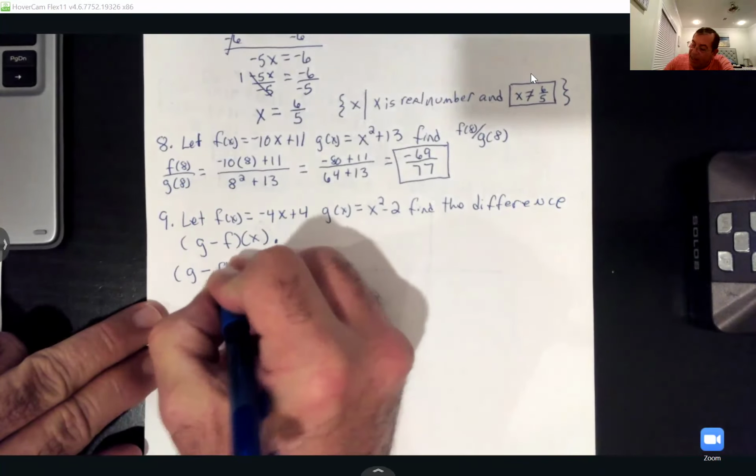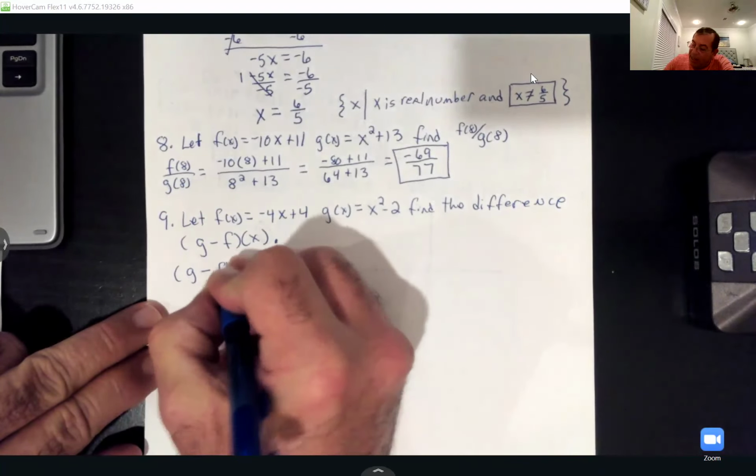Y'all, subtraction, you always want to start out with parentheses. Now notice, this is g minus f. So g is x squared minus 2, and f is the negative 4x plus 4.